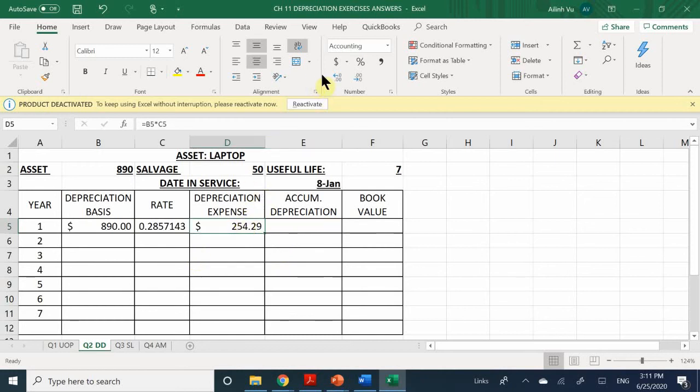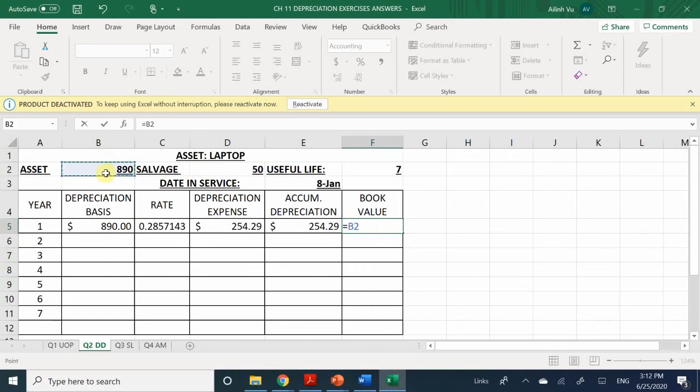Okay. So if I were to stretch this out, it should say this information, but what it's going to do is display that and keep it at the dollar value. So this is when you want to keep it as decimal, but I want dollar value. Okay, so what is my accumulated depreciation? 254.29. And then what is going to be my book value? 635.71.